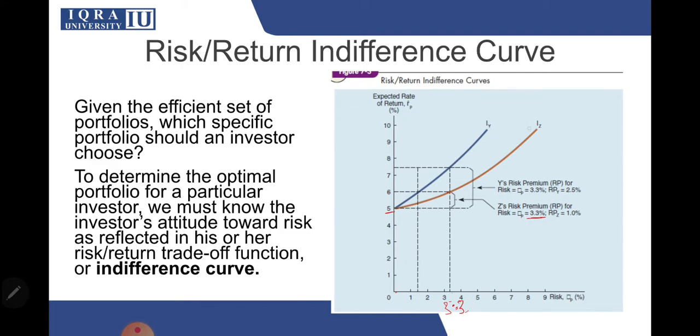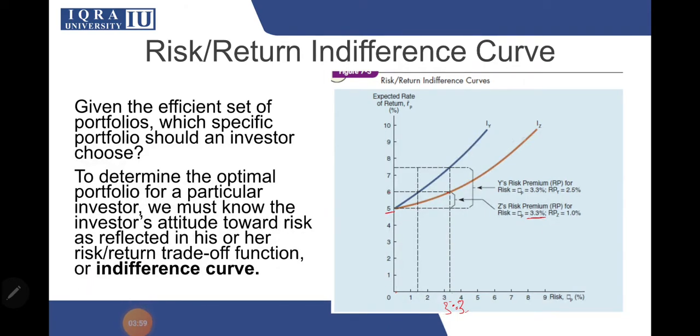So basically, one indifference curve shows one satisfaction level, and different investors actually have a map of indifference curves. Everybody has a unique map depending upon their own preferences, which you will look at in a later video, how the map looks like, because we're not going to go into so much detail.